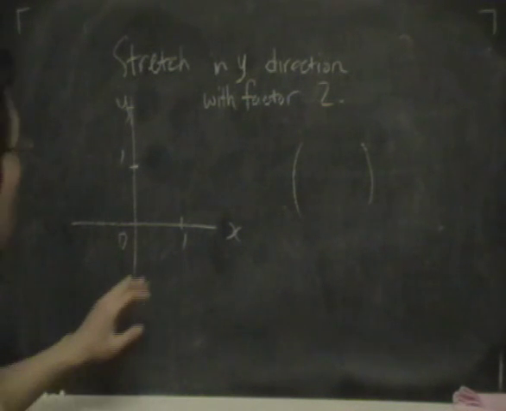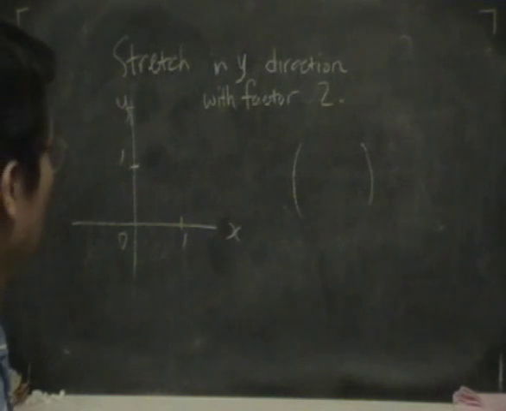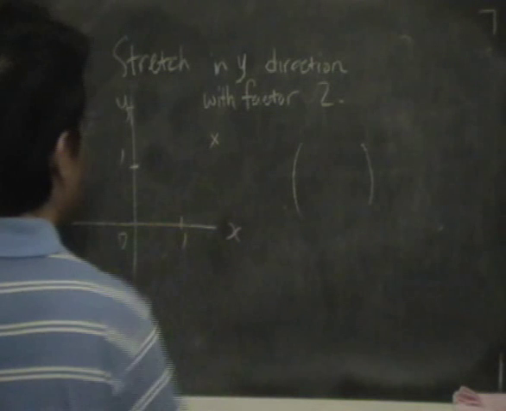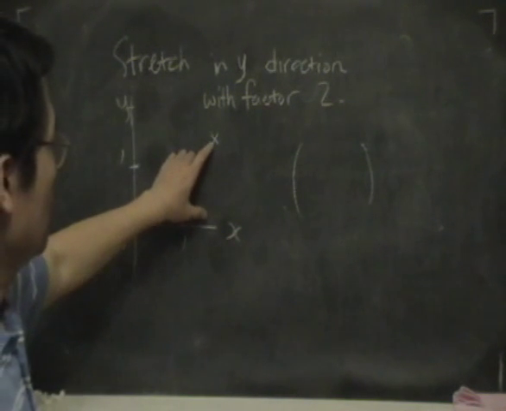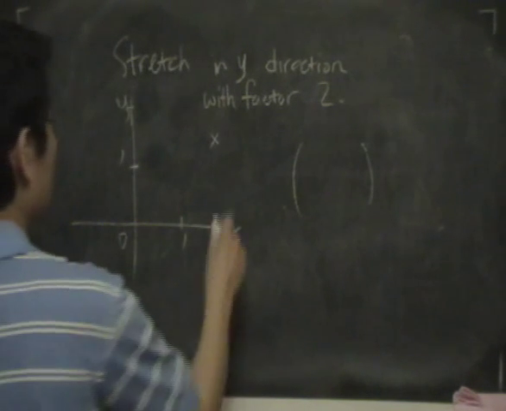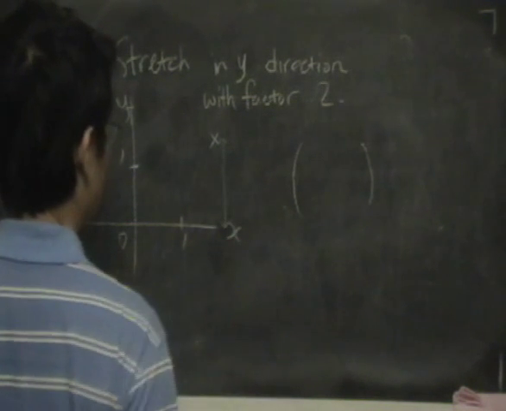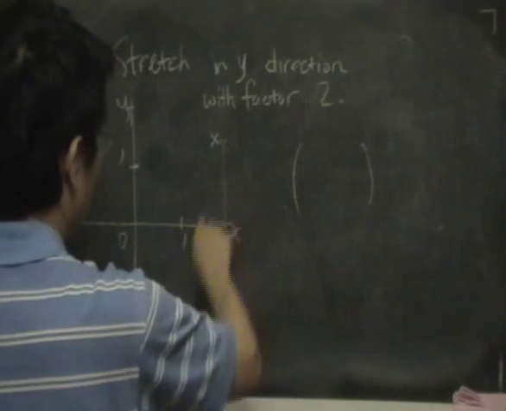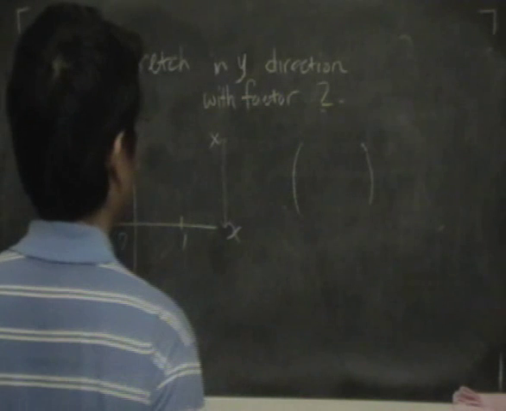Now when we do a stretch in the y direction of any point, let me just draw any point. To find the image of this point, we must take its distance from the x-axis, that means the distance along the y direction, and multiply it by 2.